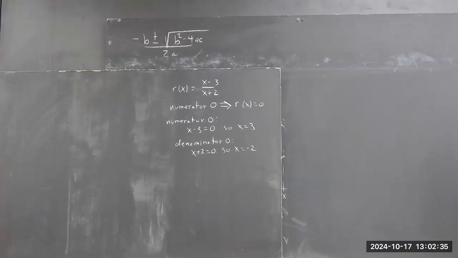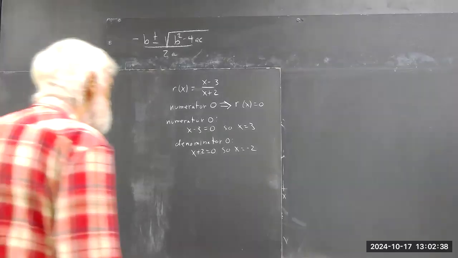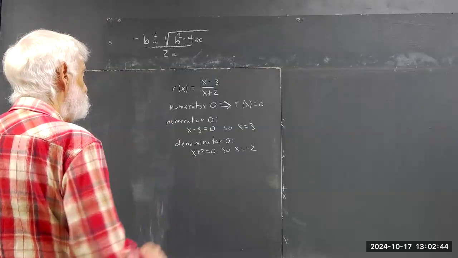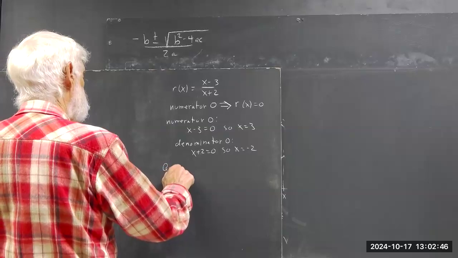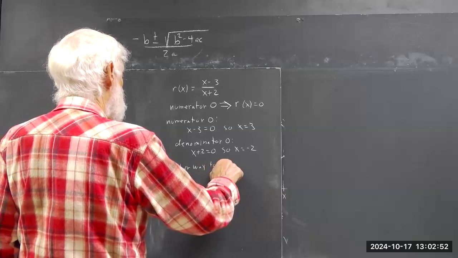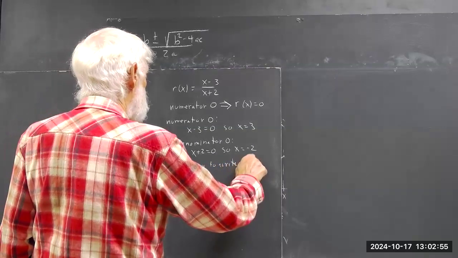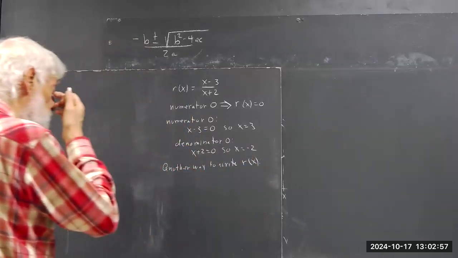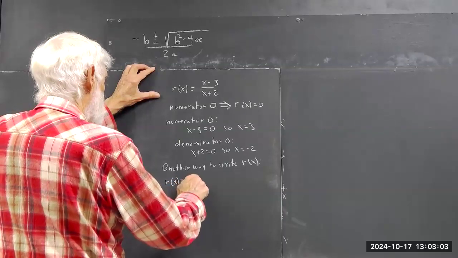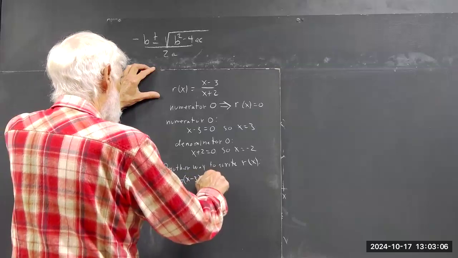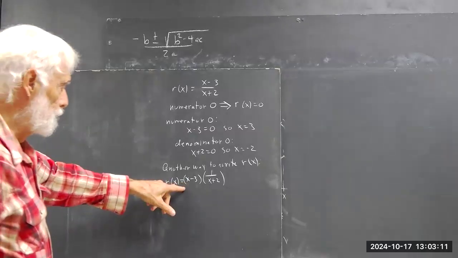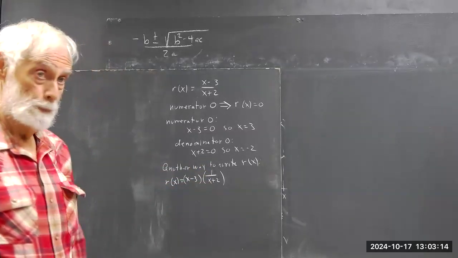Very simple. Okay. If we do the graph, well, another way to write r of x is x minus 3 times the reciprocal of x plus 2.